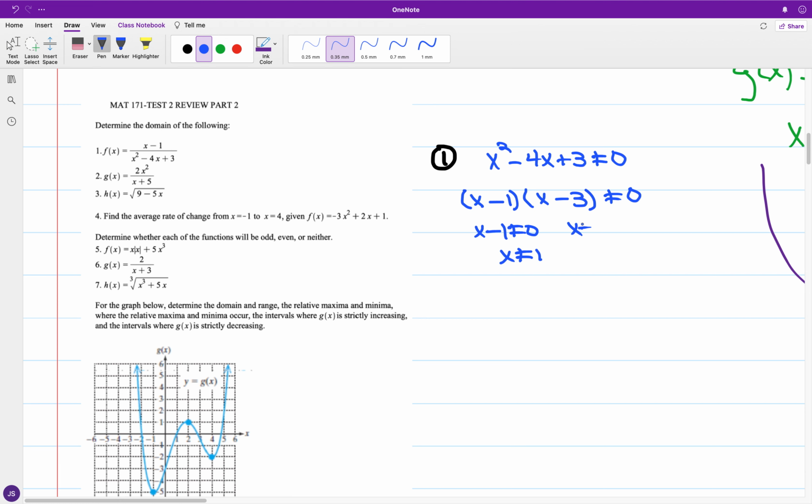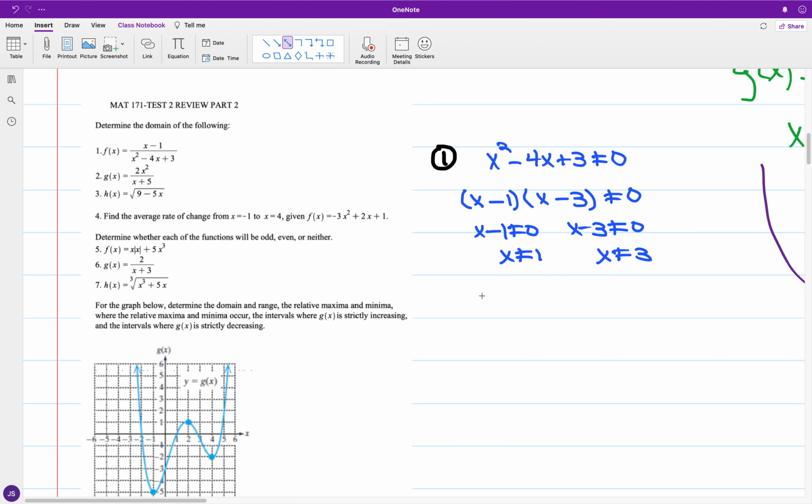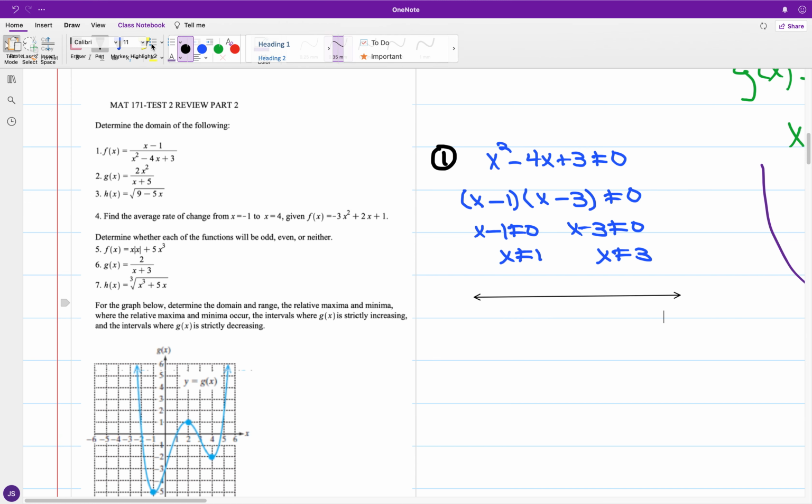As for x minus 3, if that cannot be 0, then x cannot be equal to 3 either. Just with the exclusions, again, we have both 1 and 3 left out.